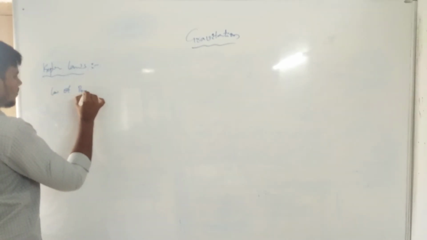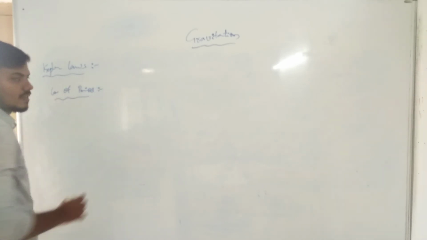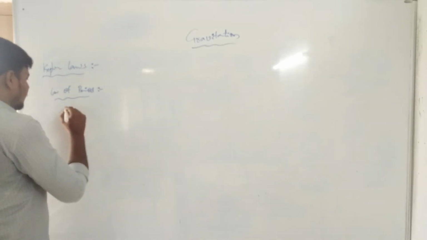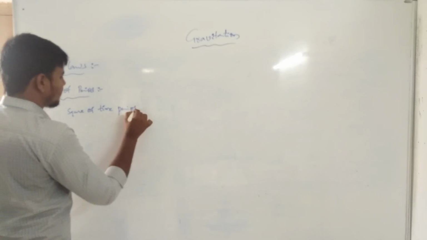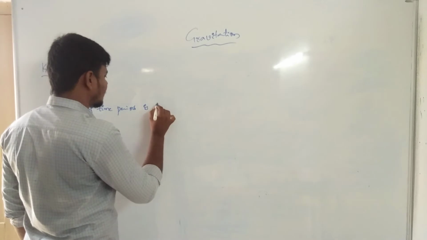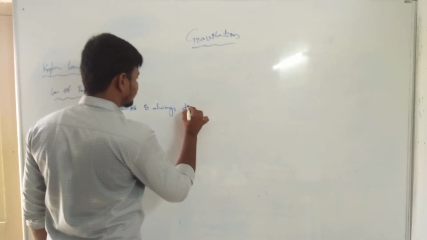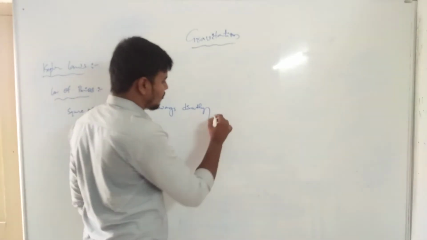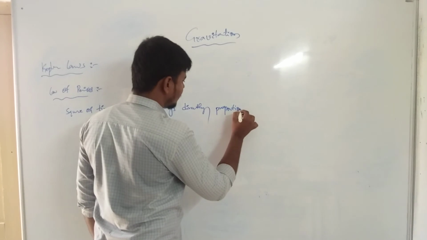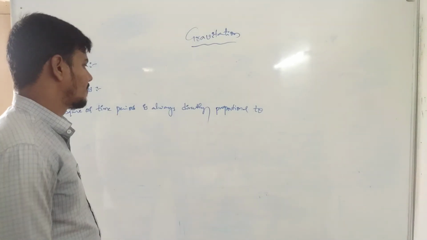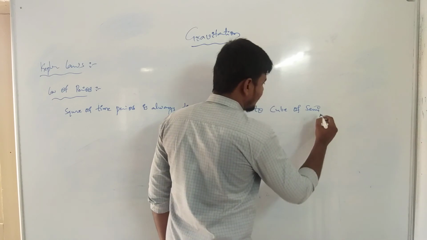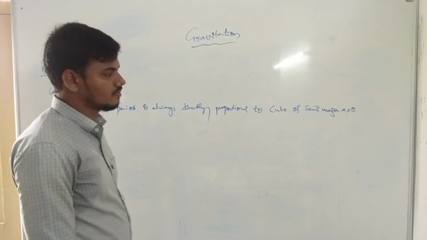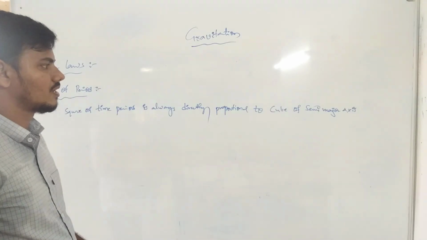Law of period. The square of the time period is always directly proportional to the cube of the semi-major axis.